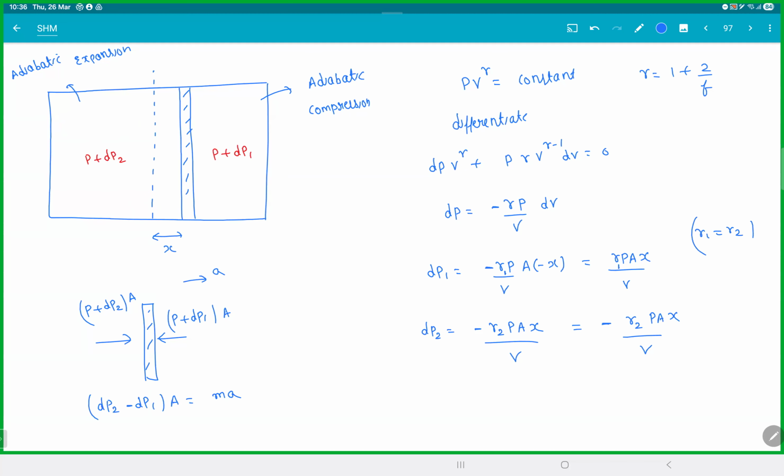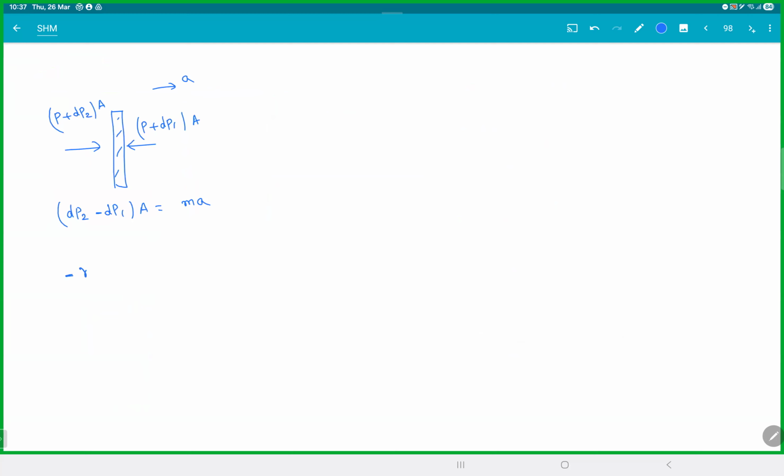And what is dP2? dP2 is this guy, minus gamma 2 P A x by V. This will also be minus. So minus gamma 1 P A x by V is equal to mass into acceleration. So we get acceleration is equal to minus (gamma 1 plus gamma 2) P A by V into x.